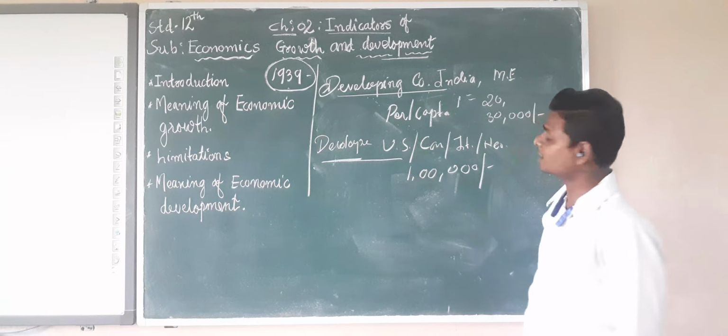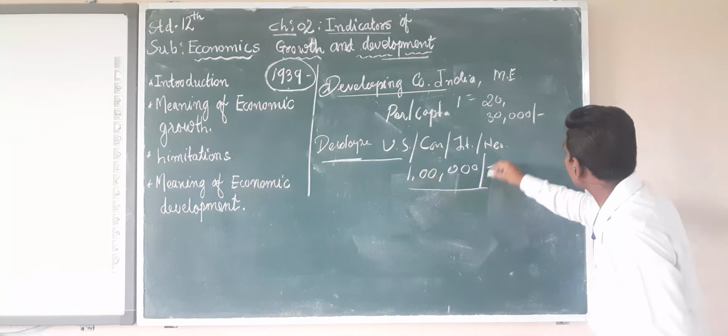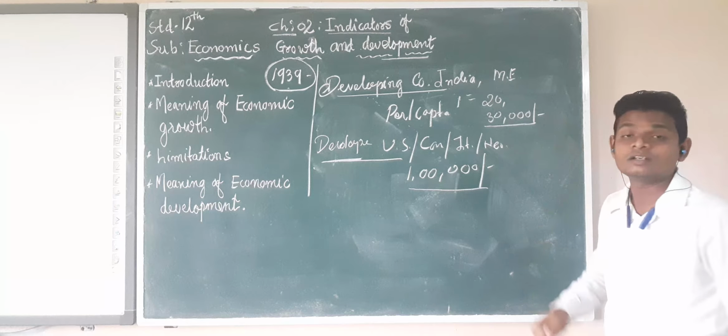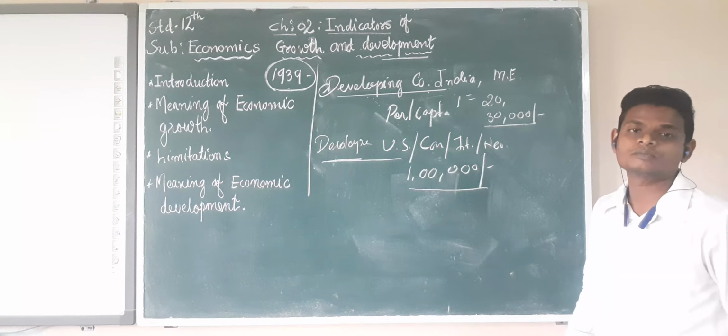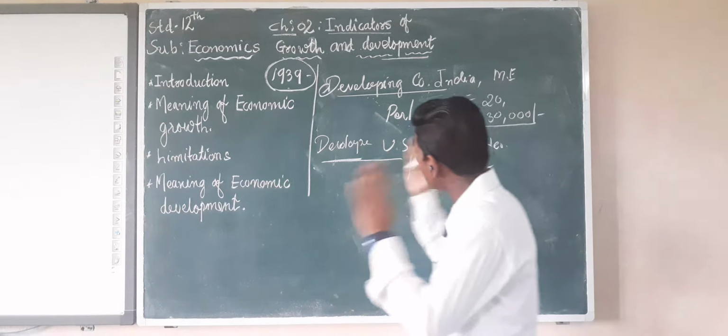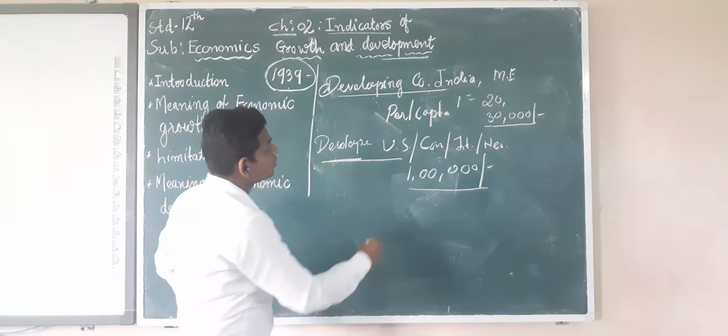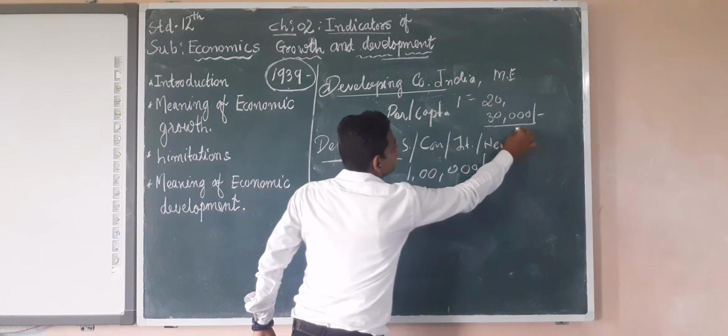So there is a big gap between 1 lakh and 30,000, 70,000, dear students. So what does the developing country want to do? They want to reduce this gap.